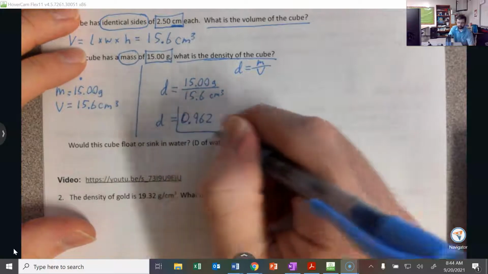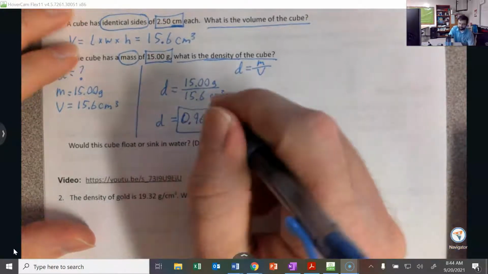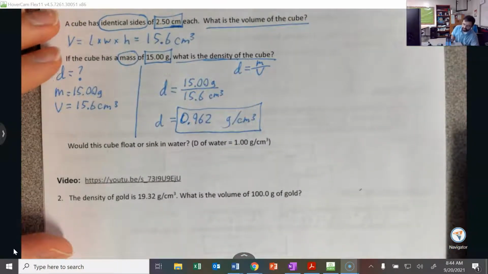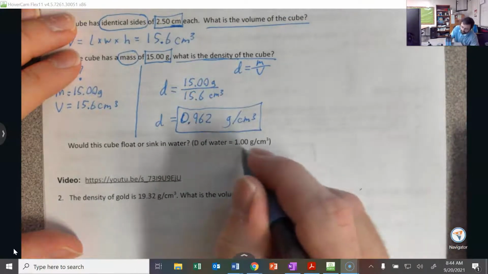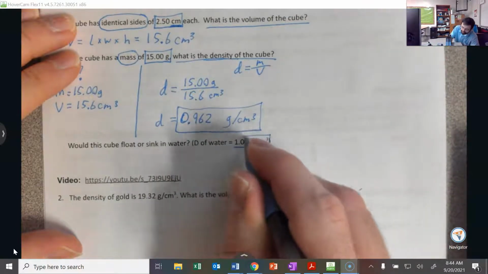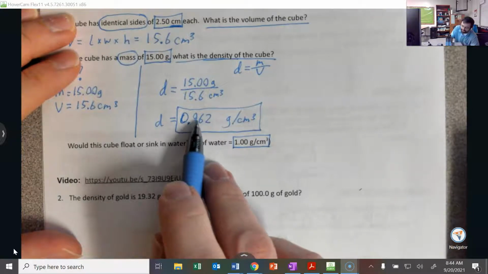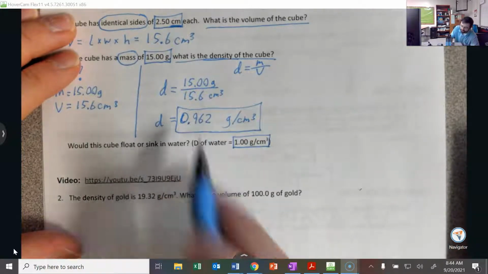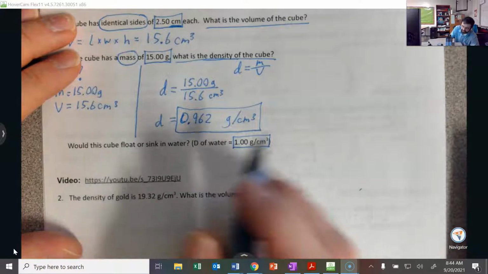Grams per centimeter cubed. And then finally it says, would the cube float or sink in water? It tells us the density of water is 1.00 grams per centimeter cubed. So the question is, is this more or less dense than water? It's less dense.